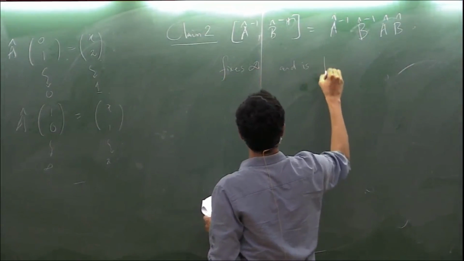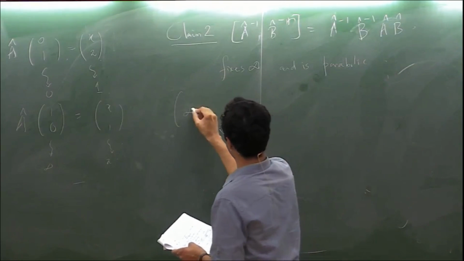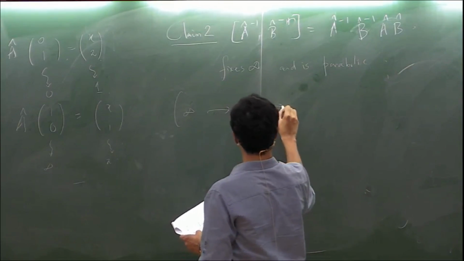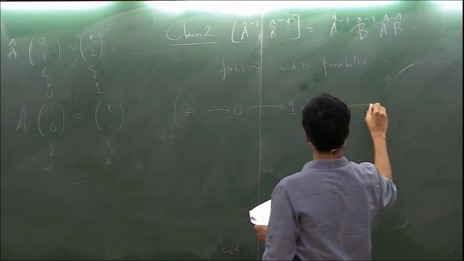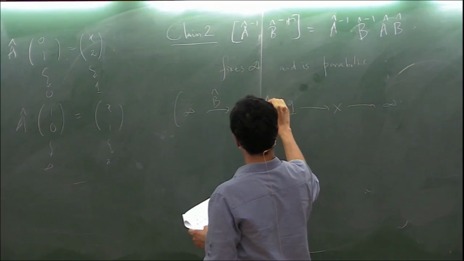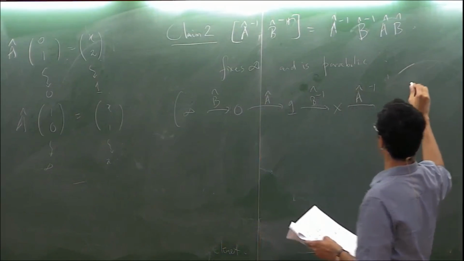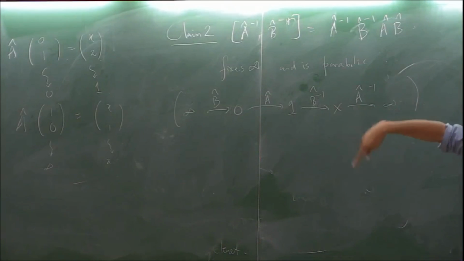It's the vertex cycle for infinity. So infinity goes to 0, goes to 1, goes to x, goes to infinity, and the transformations are B hat, A hat, B hat inverse, and A hat inverse. You can check this. So that's the vertex cycle. Yes?